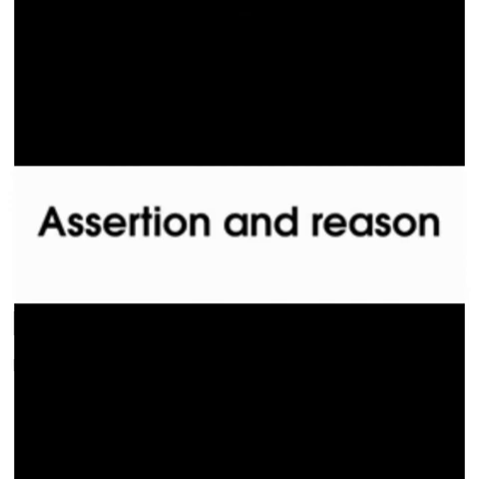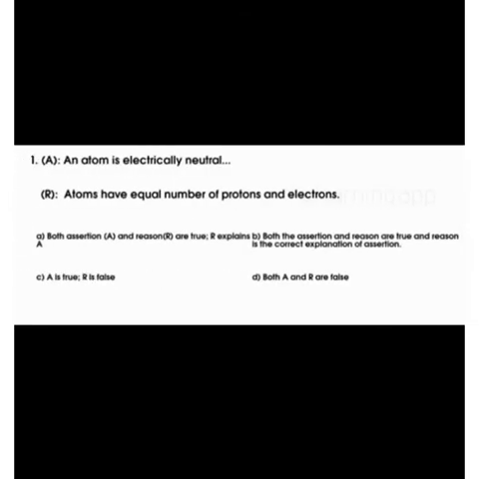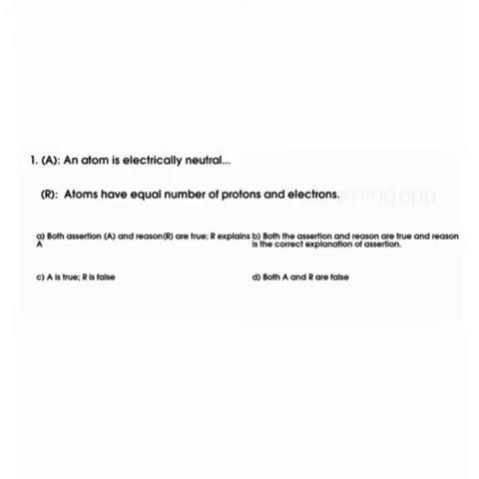Next, we will see assertion and reason. The first one. Assertion: an atom is electrically neutral. Reason: atoms have equal number of protons and electrons.